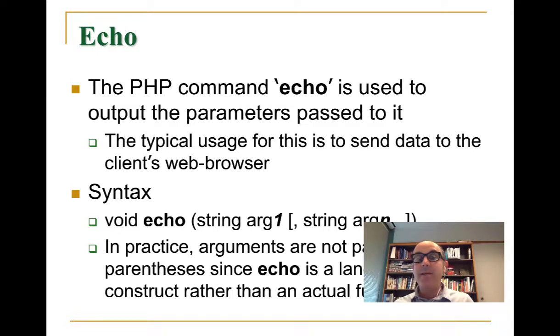One of the things that PHP allows us to do is echo. The idea here is that it passes through a string in order for us to pass the data. So the syntax is a string argument 1, and we will use echo in order for us to pass it to another argument or another string, in order for us to validate what we are trying to achieve.